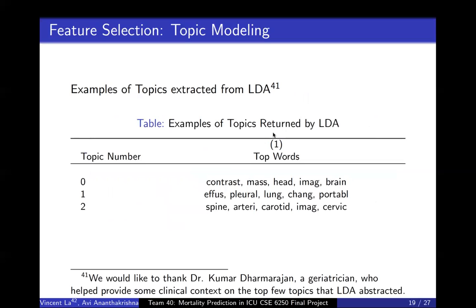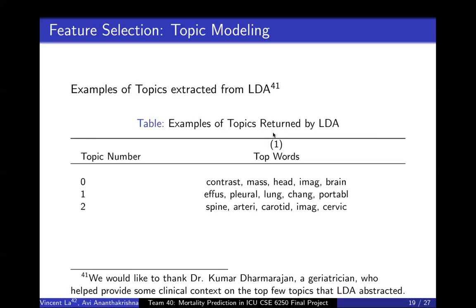In this case, each document was a chart in the EMR of the MIMIC dataset. It looks at these charts and finds topics composed of words weighted in a meaningful way. That's just a very basic, high level description of what LDA is doing.